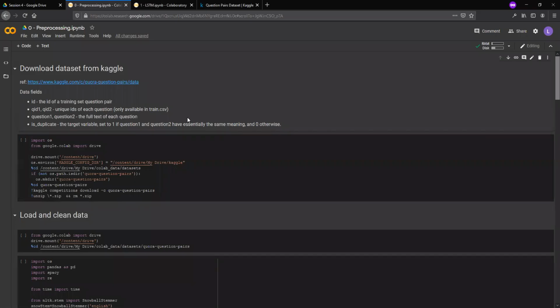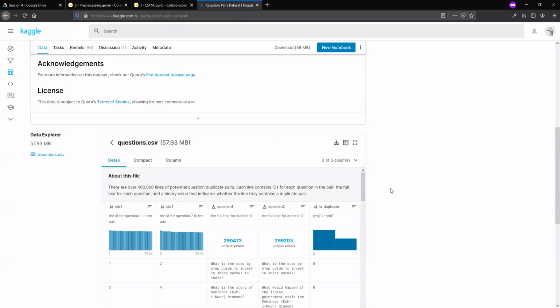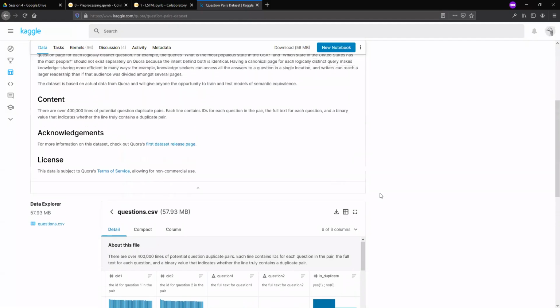So in this week's session, we'll be looking at a slightly different data set. We'll be looking at the Quora question pairs. This comes again from Kaggle.